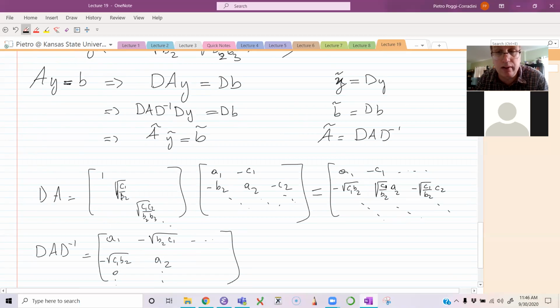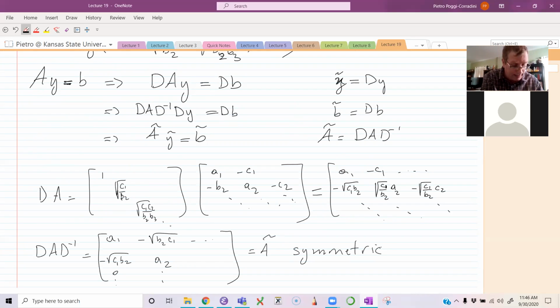It's kind of clever the way it's set up. All right, so now A tilde is symmetric. Of course, that's not a proof, but you can prove it.